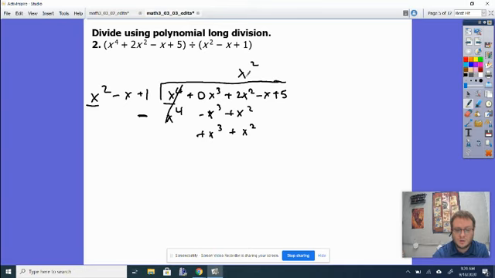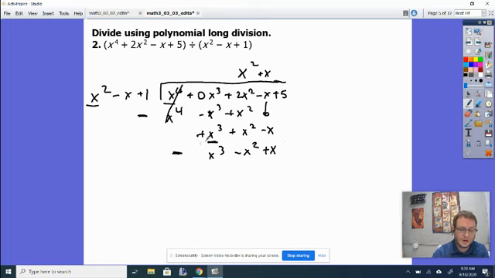Okay, how do I get from x squared to x cubed? After I drag down, I'm going to go by x. x times all of this, x cubed minus x squared plus x.